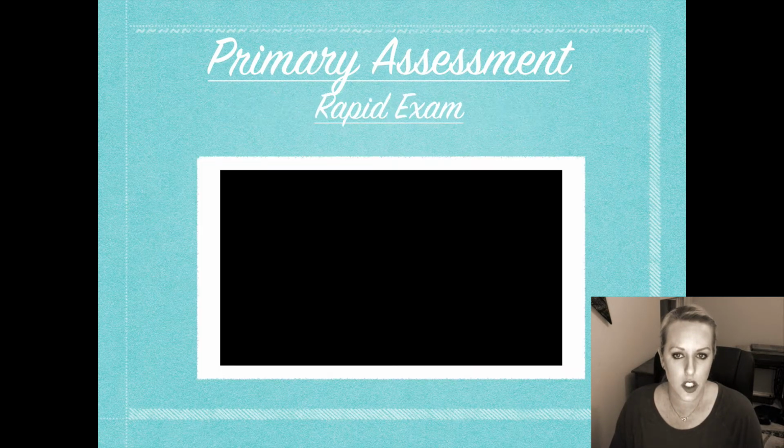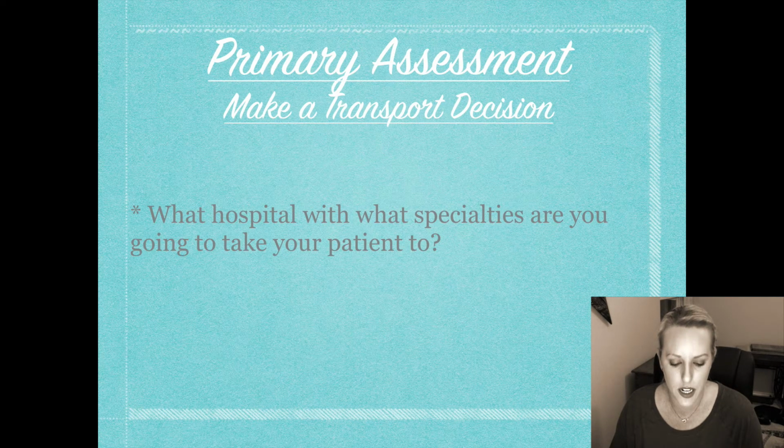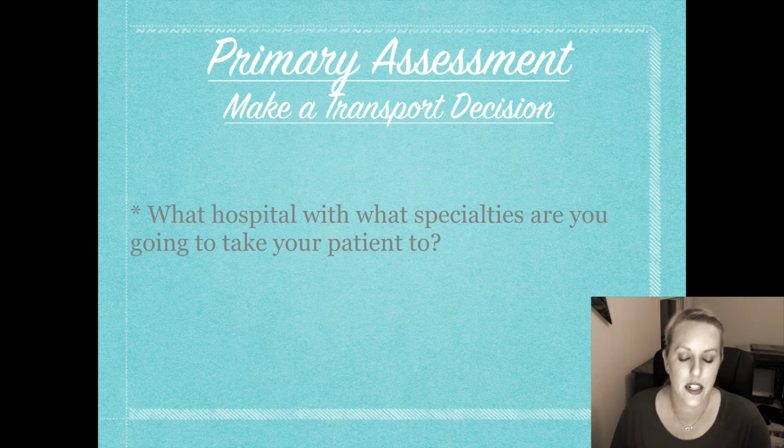So when we make this transport decision, our patient is a priority patient if there is absolutely anything wrong with our A, B, or C. So A, B, C's are off. Hey, this is a priority patient. It's going to a level 1 hospital.